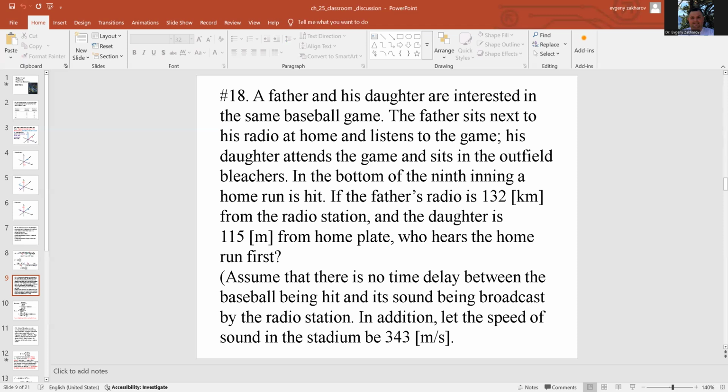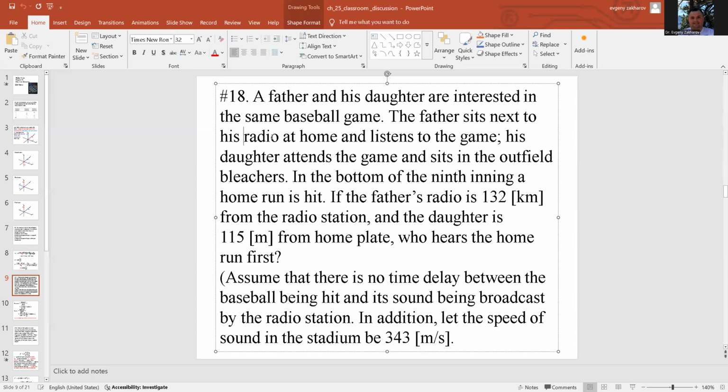Okay, next problem. Got a father and a daughter, same baseball game. So you're sitting next to your radio and listen to the game. And radio waves are part of the electromagnetic spectrum, so they travel at the speed of light. That's why you call somebody on your cell phone and there's almost no delay, even if you're talking to Australia, because radio waves travel at the speed of light.